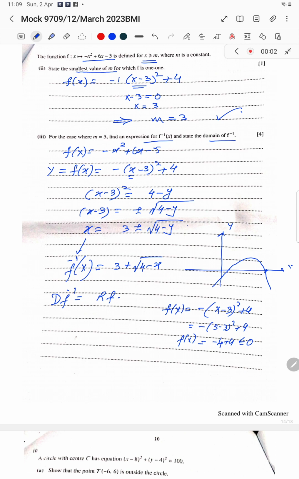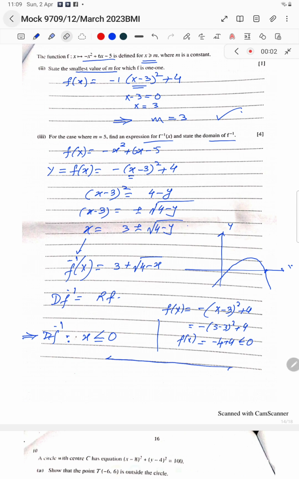So I can say my domain of f inverse will be x less than or equal to 0. This is the final answer for part 3 of question number 9. Okay, let's proceed.